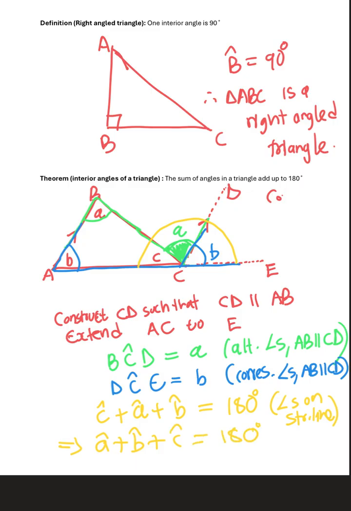But what are angle A, angle B, and angle C? This is A, this is B, and this is C. These are the three angles inside the triangle. So then we have proved that the sum of angles in a triangle equals 180 degrees. Very interesting, right?